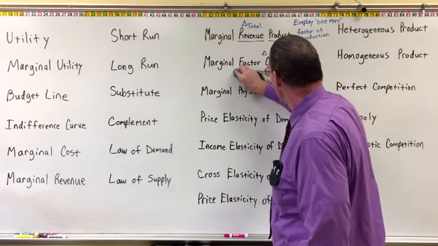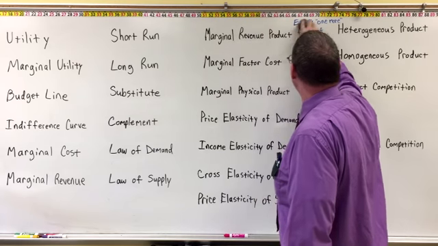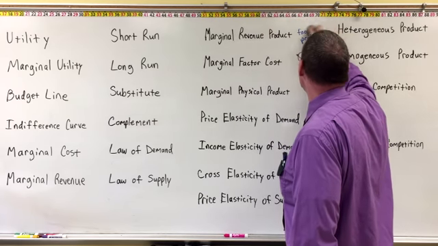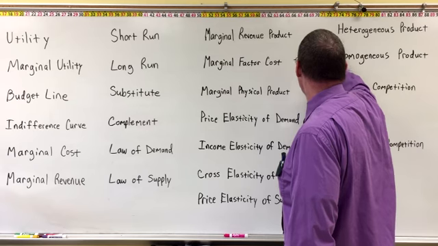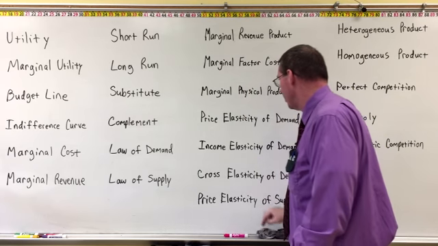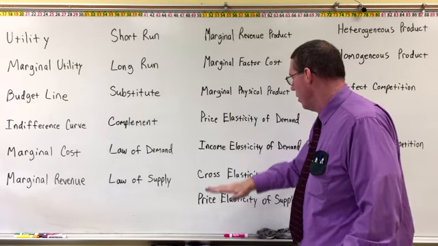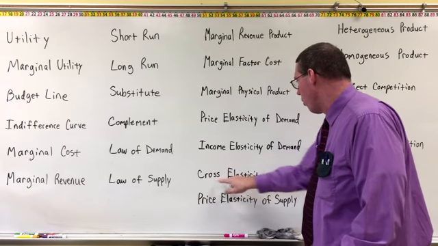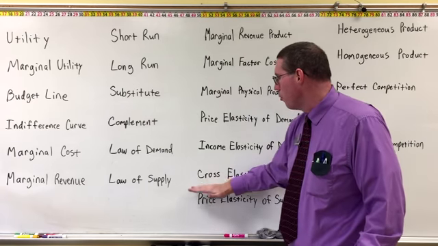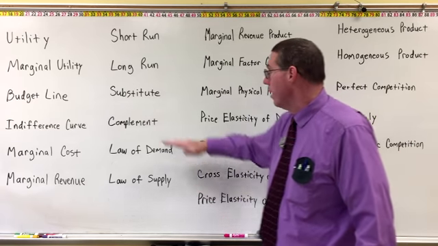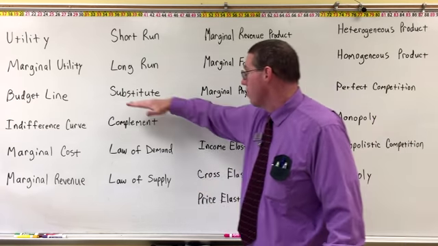Elasticity. Remember that elasticity is the sensitivity to a change in typically price, but this one is sensitivity to a change in income. So here we have price. This one, cross elasticity of demand, that's also price related to substitutes and complements.